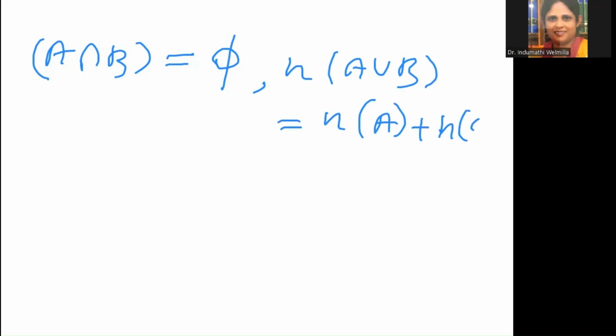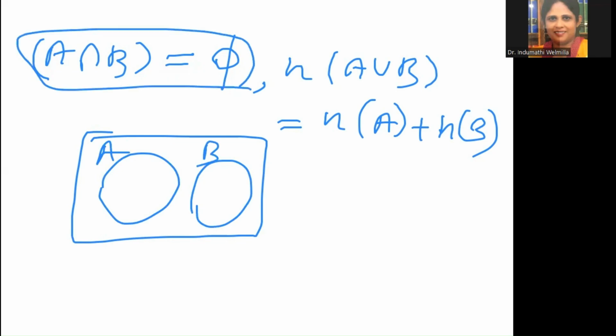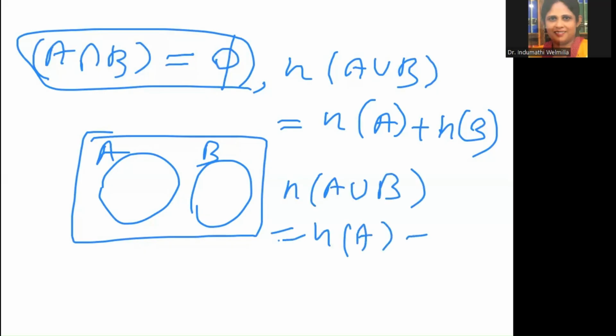That means there is no intersection section. When we represent this situation in a Venn diagram, A and B should be drawn separately with no intersection. Since the intersection part is 0, N(A union B) should equal N(A) plus N(B), so this part and this part. That's the other one.